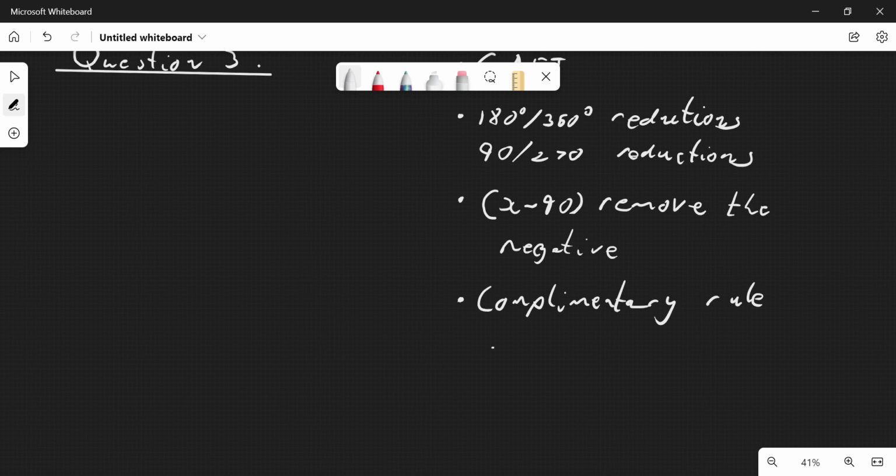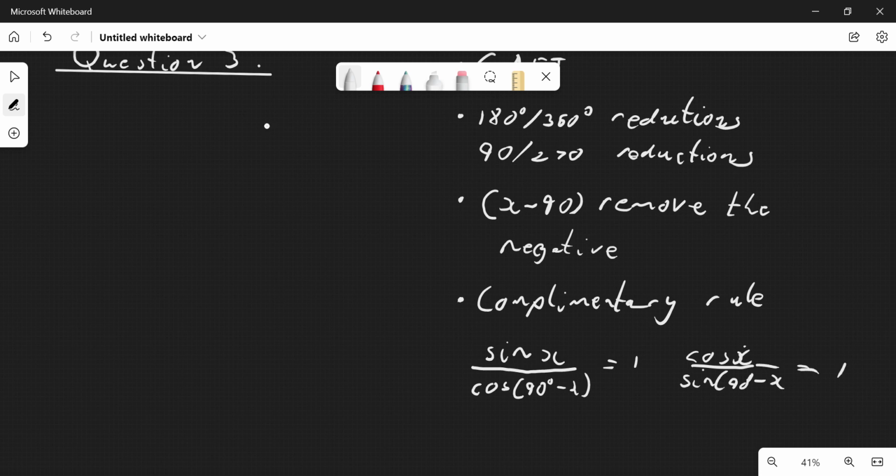So if I have sine of x divided by cos of 90 degrees minus x, which is the complementary angle to x, that is equal to 1. It could also be cos of x over sine of 90 minus x, that is also equal to 1.